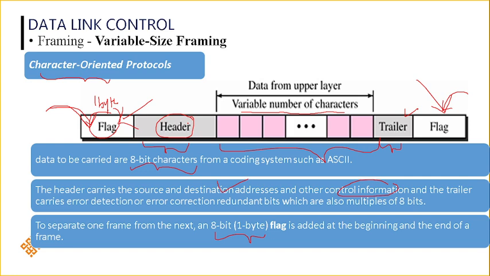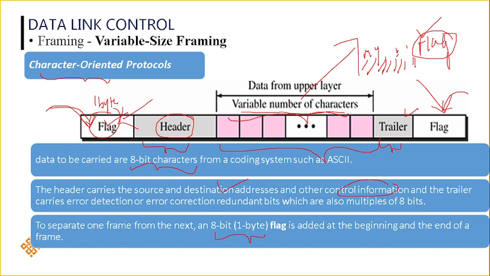But in your original information, in your payload, if there is any information like flag, like "my Indian flag is very great", then the moment the protocol finds that flag, it wrongly indicates that this is the end of the frame, because the starting flag is identified as the starting delimiter, whereas the next flag will indicate the end of the frame.